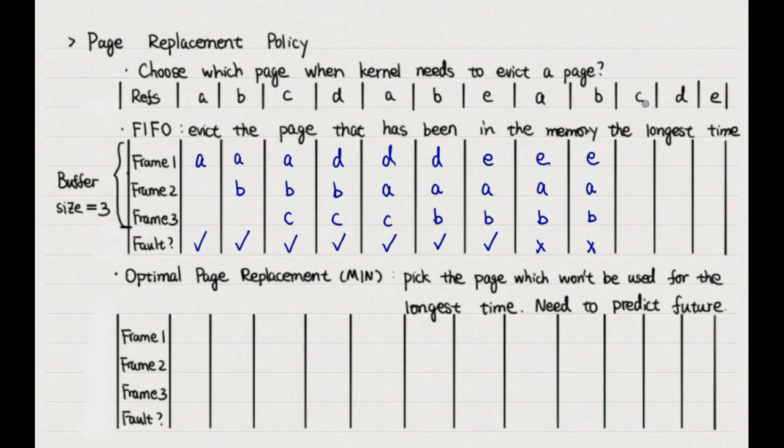Now we have C, and C is not in memory, and we look back and find that A is the longest. Page fault? Yes. Now we have D, and D is not in memory, and we look back, and B is the longest. And there's a page fault. And now we have E, and E is in memory, so no page fault.